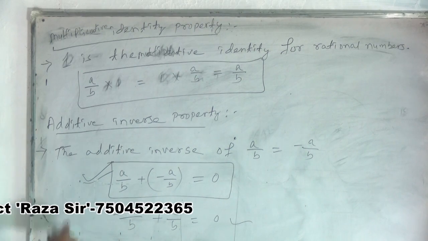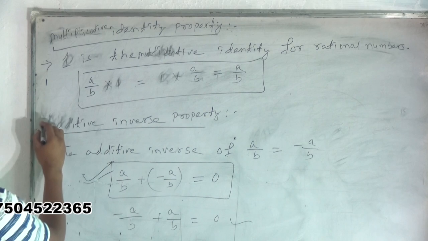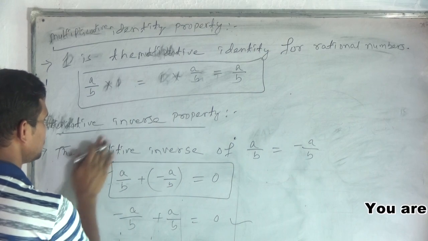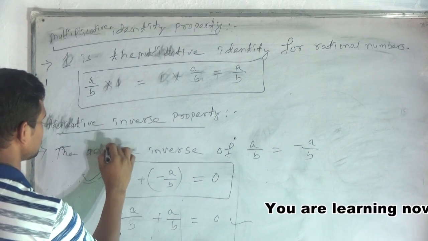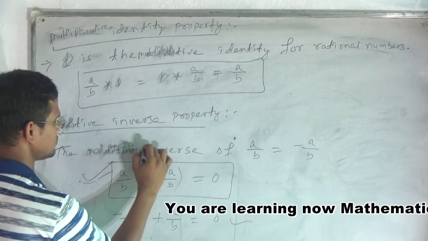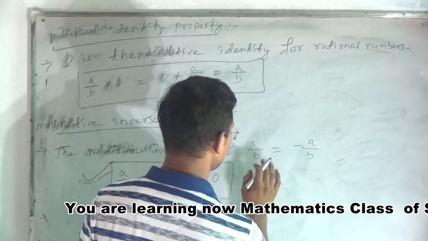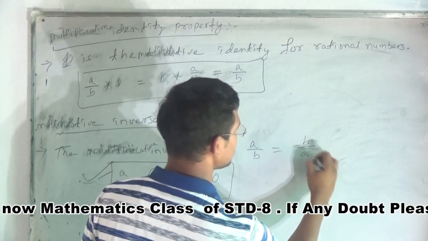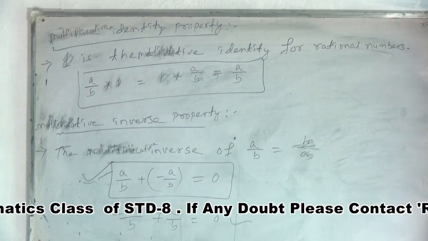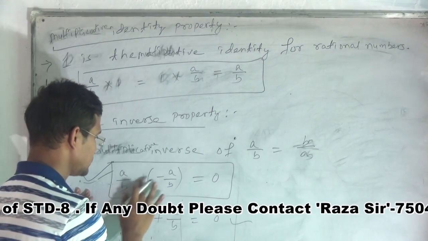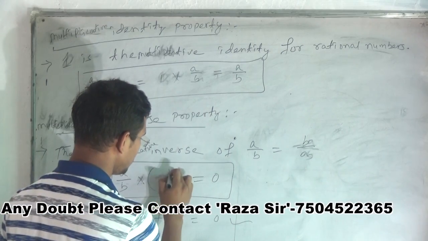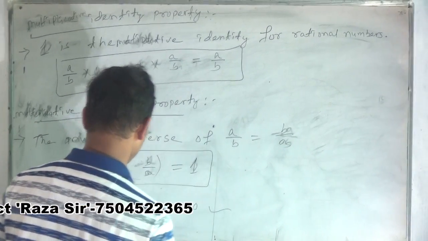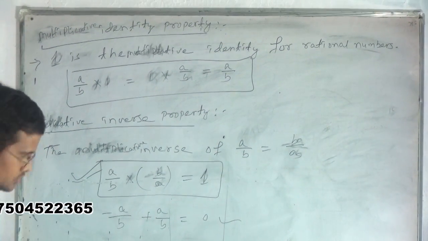Then another thing is the multiplicative inverse property. The multiplicative inverse of A by B is equal to B by A, that means the reciprocal of A by B. You multiply a rational number with its reciprocal, then the answer is 1.